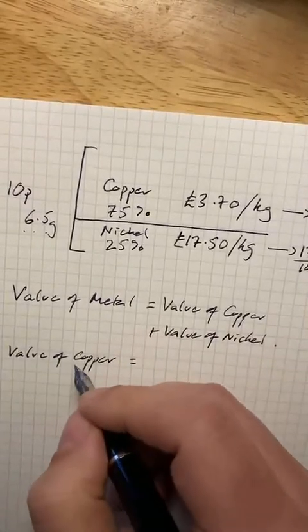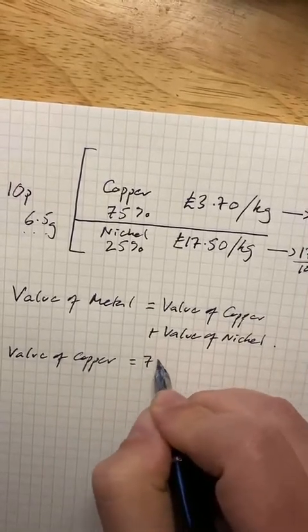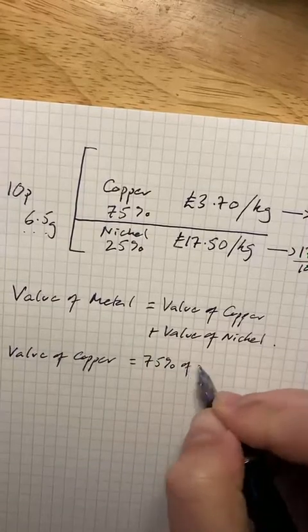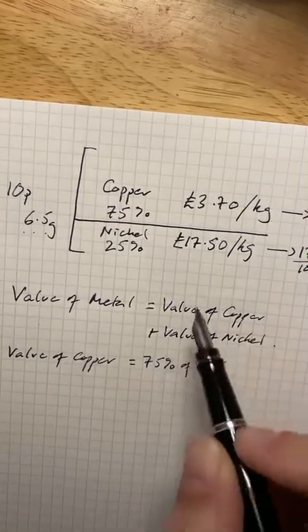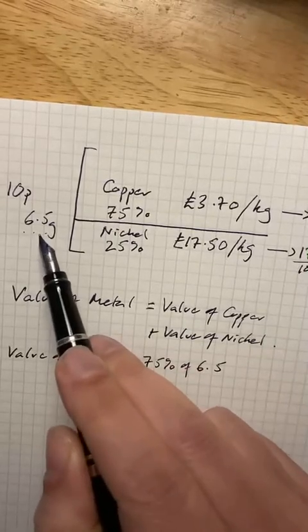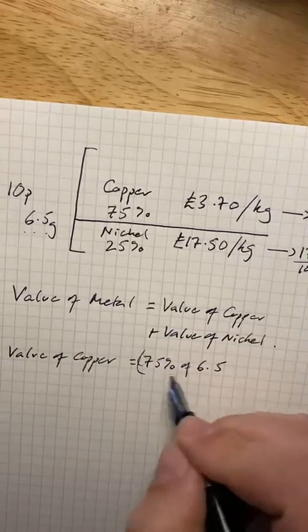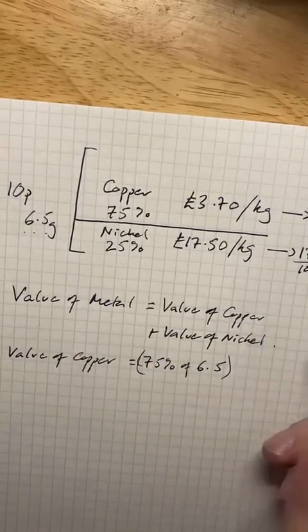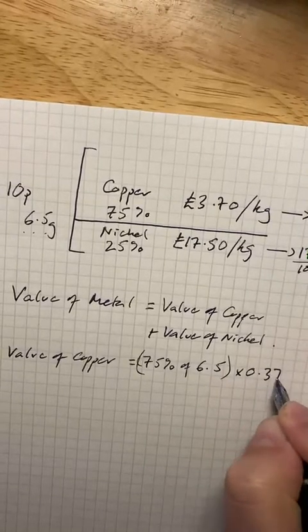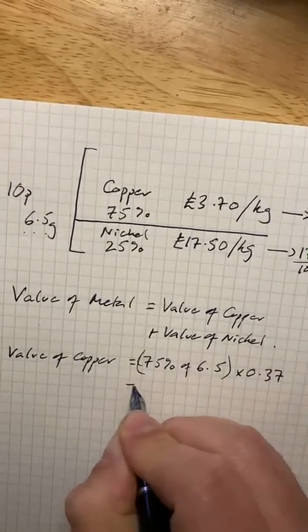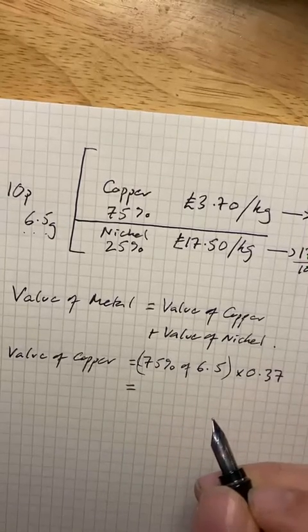So the value of the copper, we've got 75% of 6.5. That gives us how many grams of the 10p is copper. And then we want the price per gram, so times by 0.37.